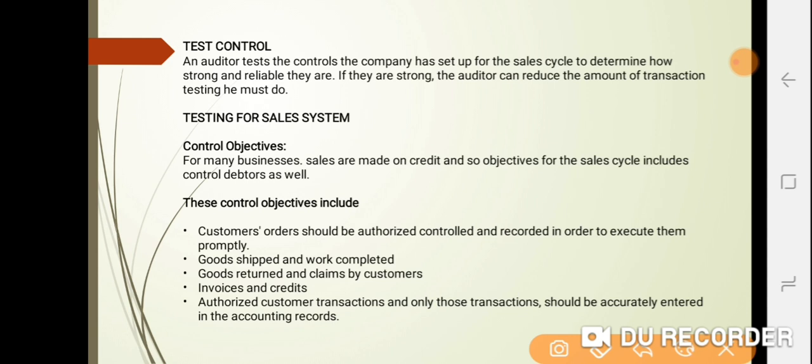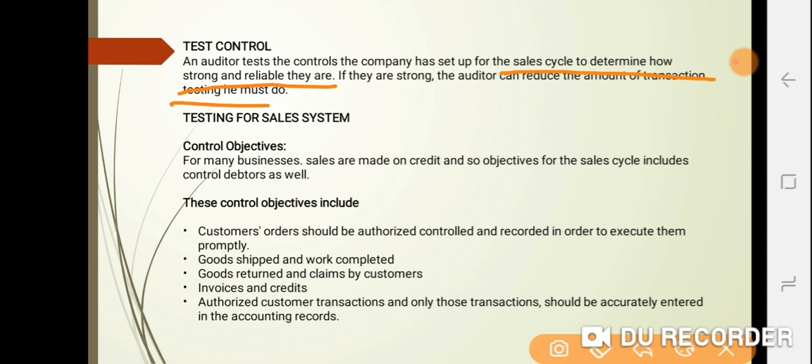Here, the auditor has to examine the books of account. At the same time he has to do some testing, that is testing of documents, the reliability and accuracy of financial statements, everything. So this test control is set up for the sales cycle to determine how strong and reliable they are.